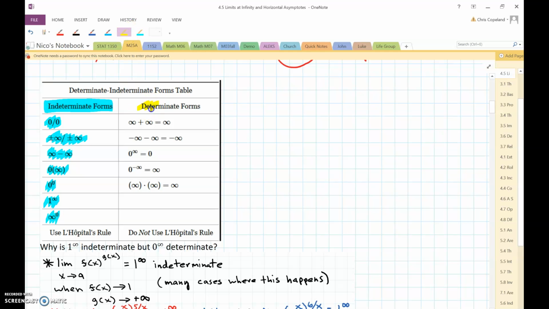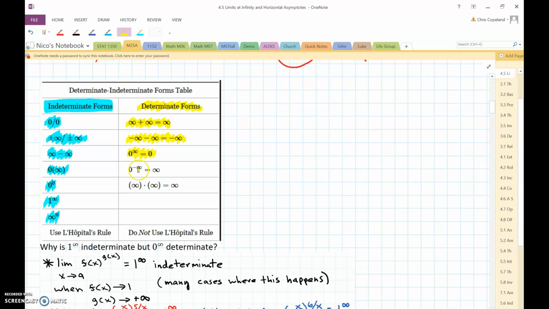Now let's look at determinate forms. If you evaluate the limit and you get 0, or if you get infinity plus infinity, you can determine that that would be infinity. If you get negative infinity minus infinity, that would be negative infinity. If you get 0 to the infinite power, that is 0.